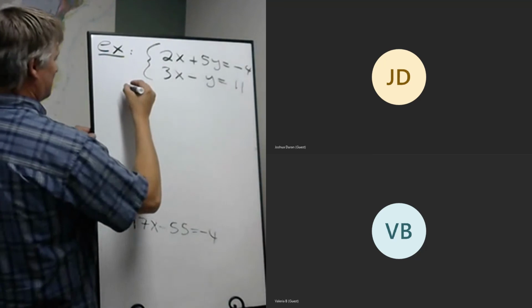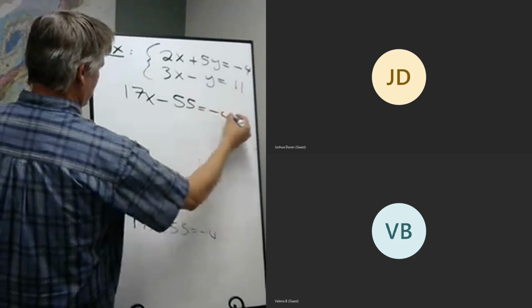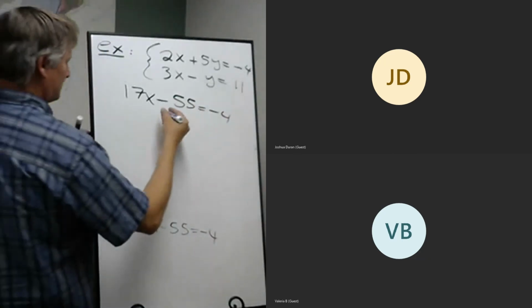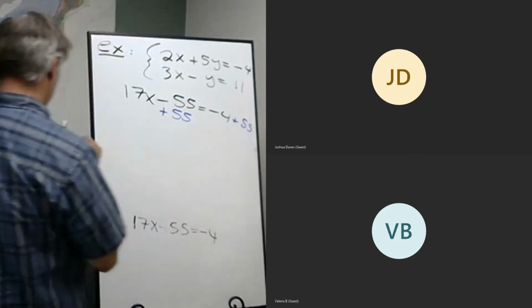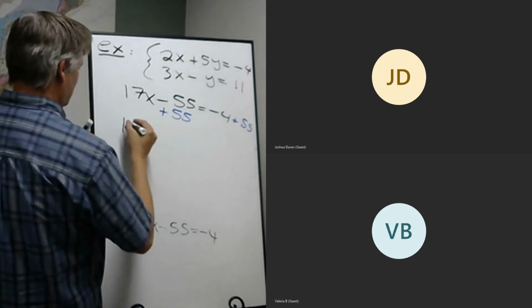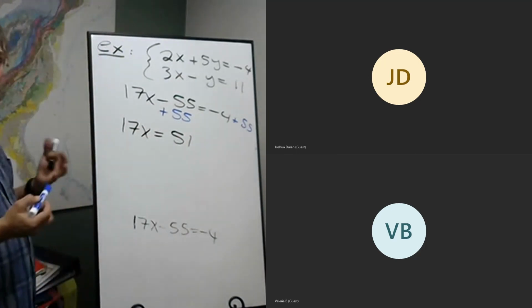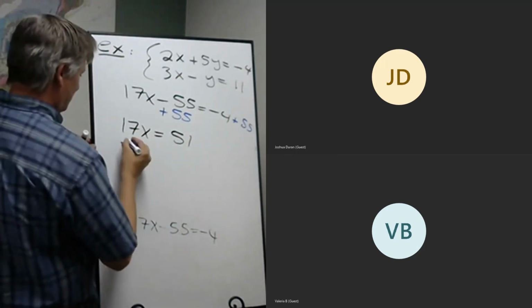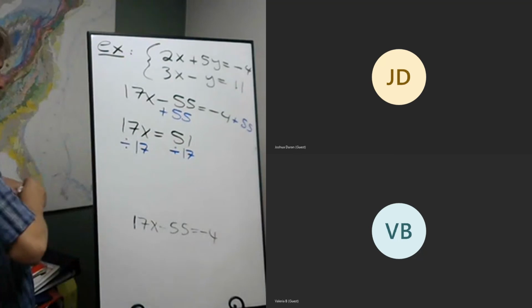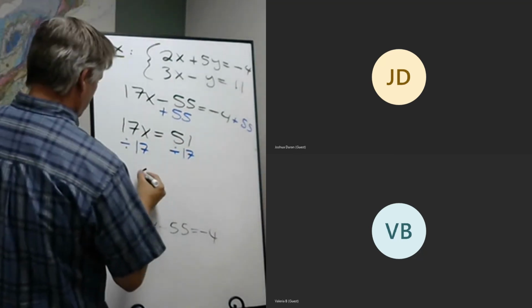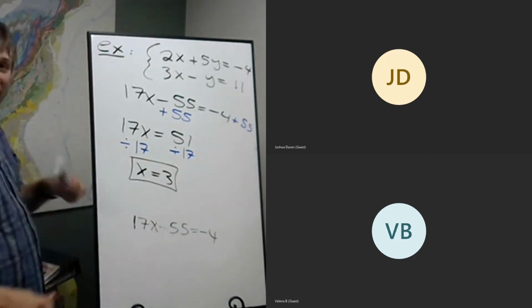I'm just going to rewrite my equation up here. Divide by 17. And we get x is equal to 3.